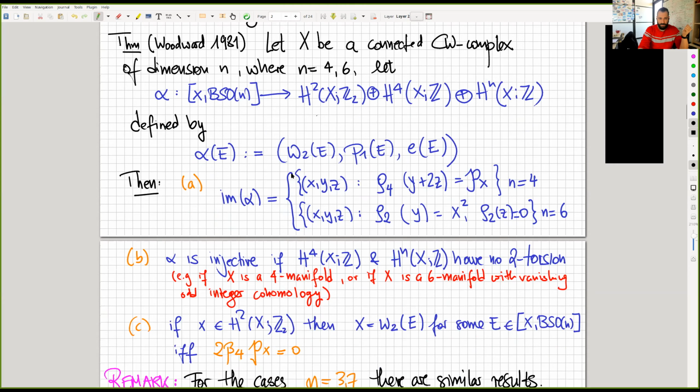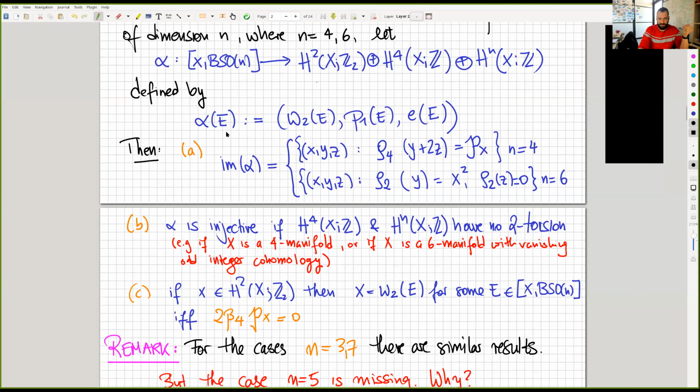And then he says, okay, well, I can understand this image, right? I can understand the image of alpha, what it is. This is some complicated thing. So for the people who know, I can explain at least the first line. What you take here is a mod 4 reduction of your coefficient group, and this is called the Pontryagin square.